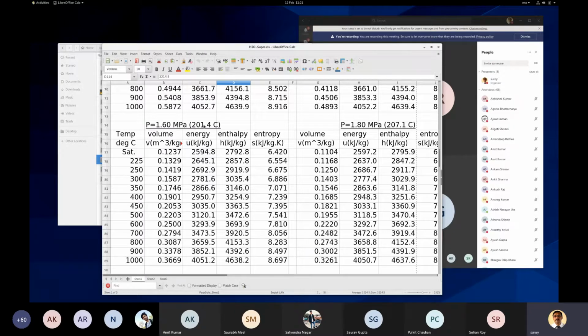If it is more than 201 degrees centigrade, like 225, 250, 300, then you can find the specific volume, internal energy, h, s, everything is given. Similarly for 1.8, the saturation condition is 207, and if the temperature is more than that, 225, 250, these are superheated, and you can get all the properties.